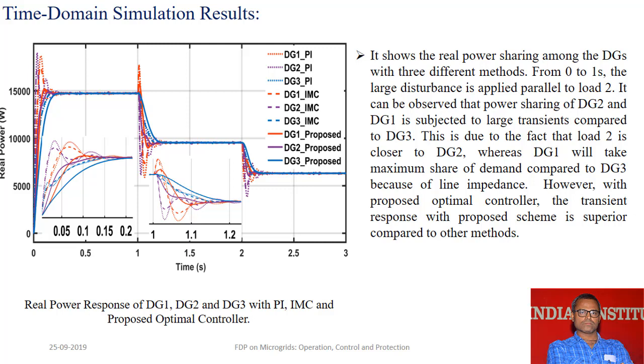IMC is internal model control. From this comparison we can find that the optimal IMC gives a very good result with less transient and a very smooth transition. This is for real power, shown for all three DGs, right?